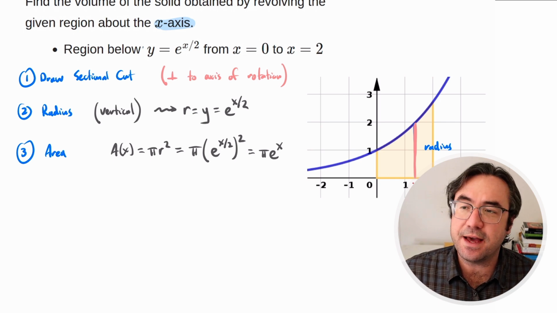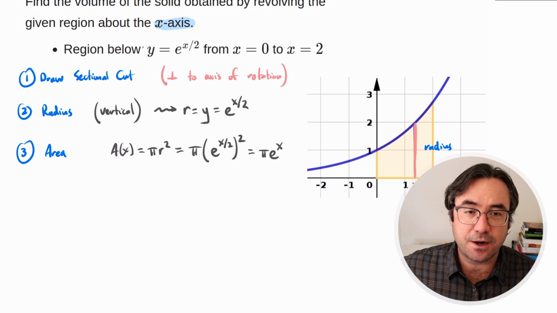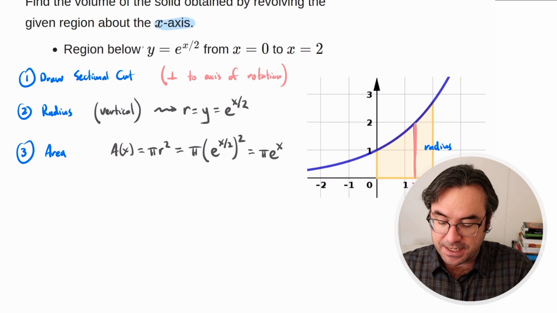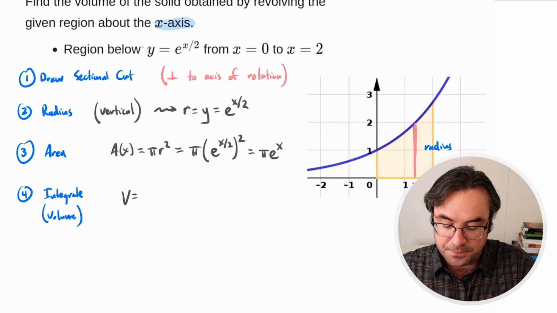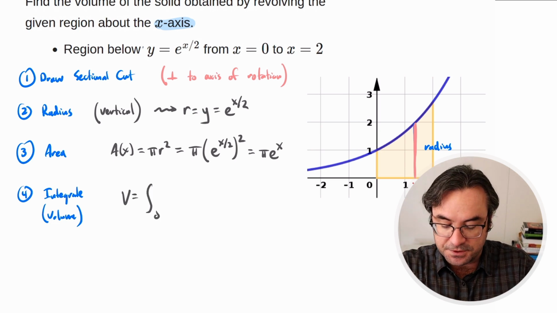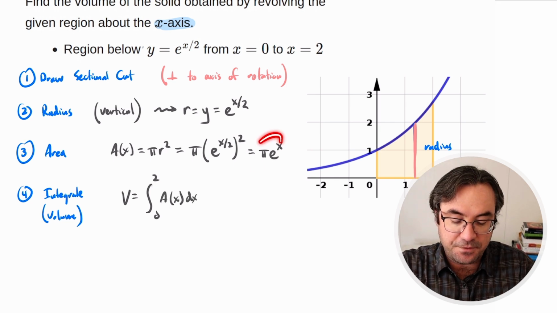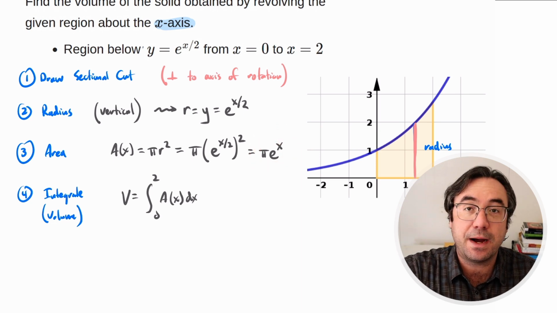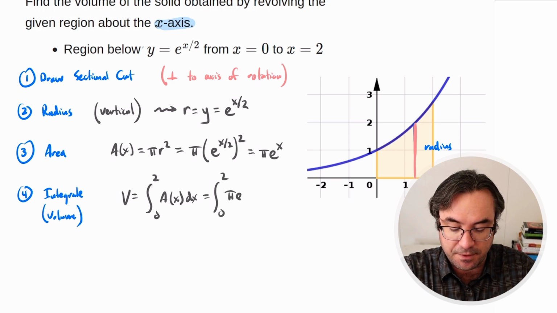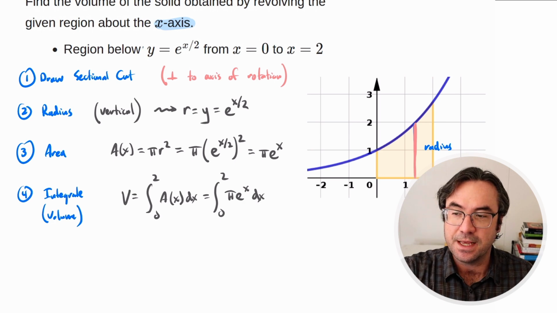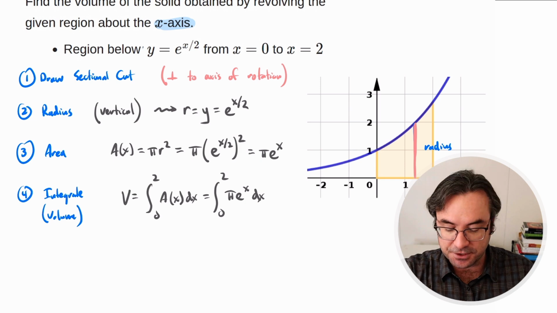Once we have that area function, this is where we do the integration. So step 4 is to integrate, and this is going to give us the volume. Our volume here is going to be the integral from 0 to 2 of our area function, pi times e to the x. This is a nice, easy function to integrate.